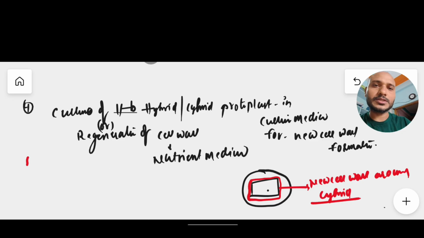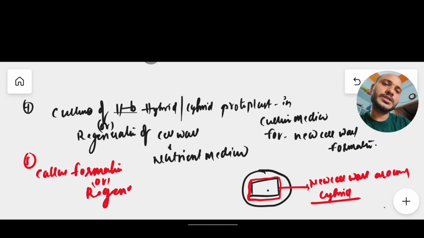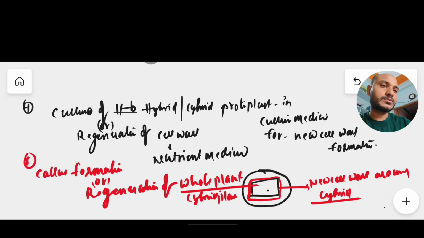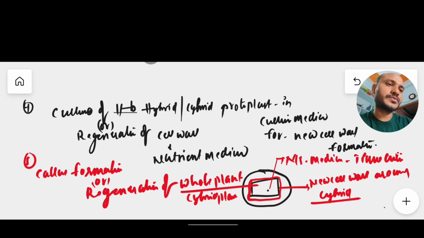Now coming to the last and most important step, called callus formation, or also we can say regeneration of the whole plant or hybrid plant. Once new cells get formed, we have to transfer this hybrid into another medium called MS medium for tissue culture, for formation of callus.